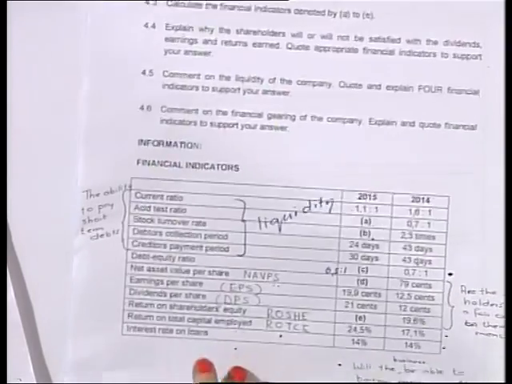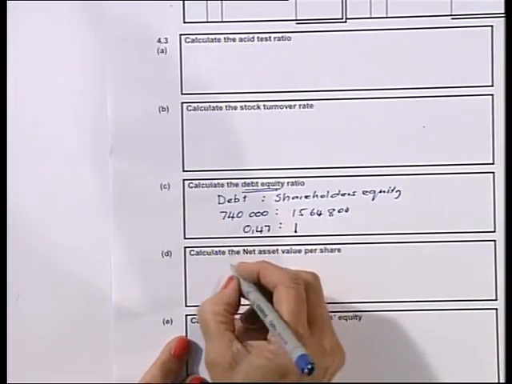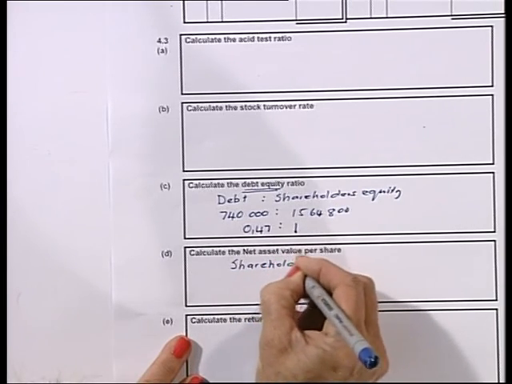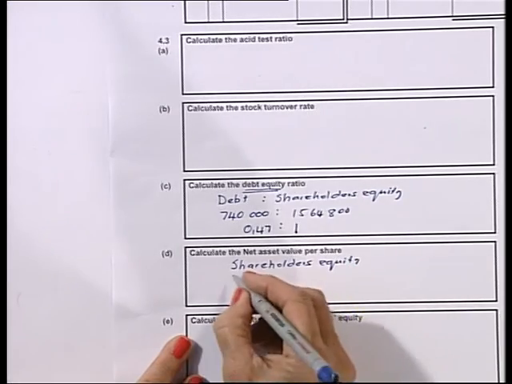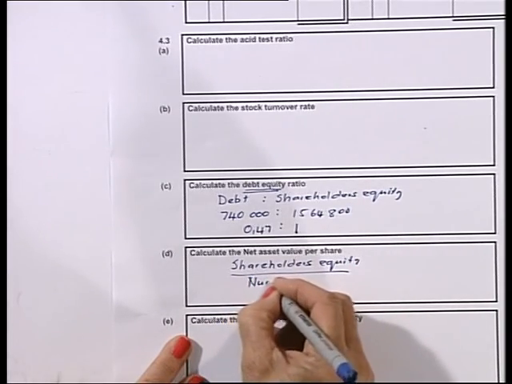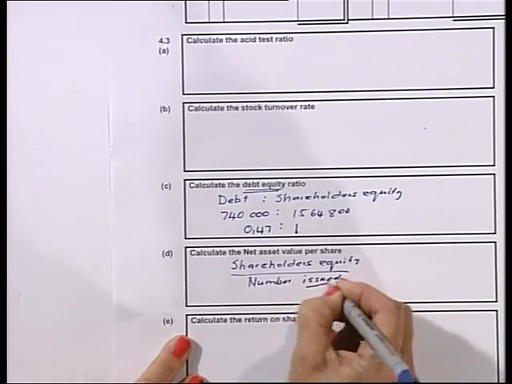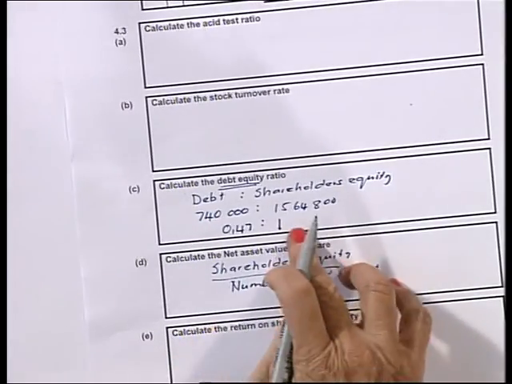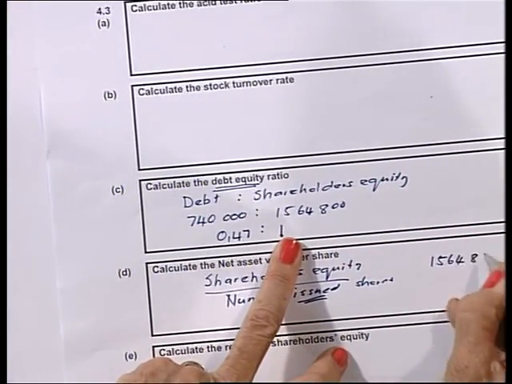The next one, we also knew in this year, the net asset value per share. You take your shareholders' equity and you divide by the number of issued shares, not authorized, issued shares. And we already have seen our shareholders' equity is 1,564,800.